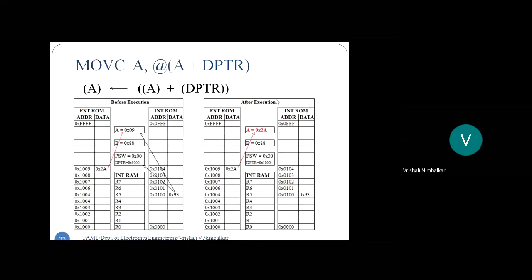So after execution, that data, 2A hex, will be copied in the accumulator, the red color. Correct? The memory is always read from external or internal ROM, and in the microcontroller only the accumulator is used.